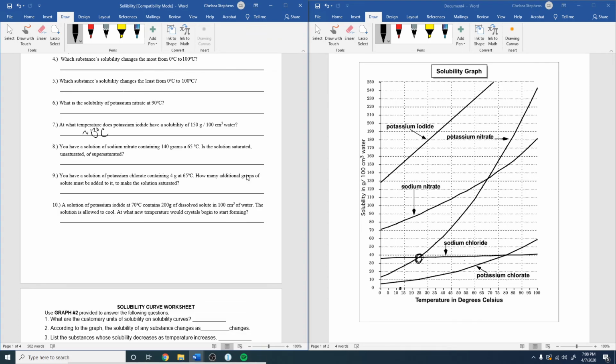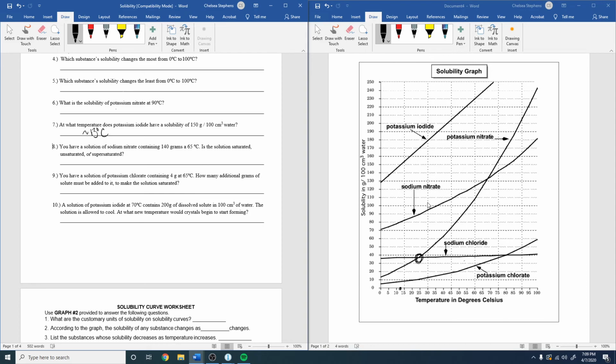Good? Okay. You have a solution of potassium nitrate containing 140 grams at 65. Saturated, unsaturated, or supersaturated? This is in your slides, but just in case you don't understand, it's saying that at 30 degrees, sodium nitrate can comfortably, at its max, hold about 95 grams per 100 mils.